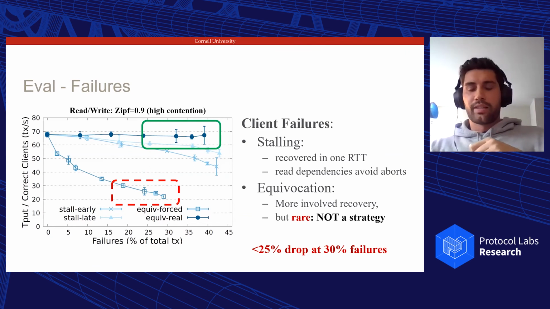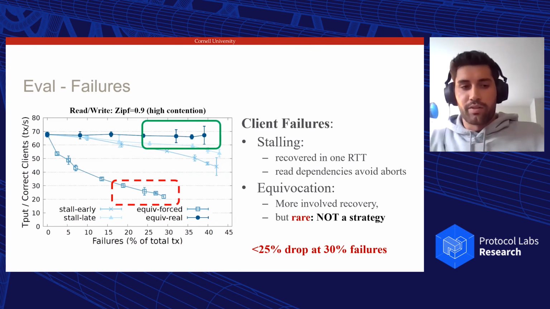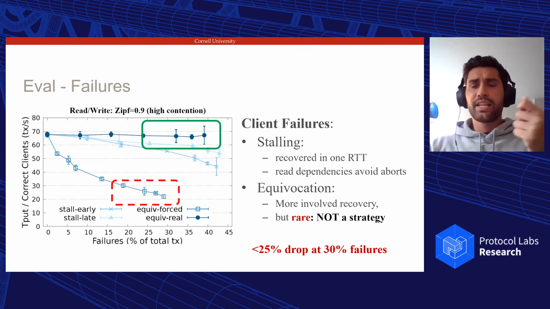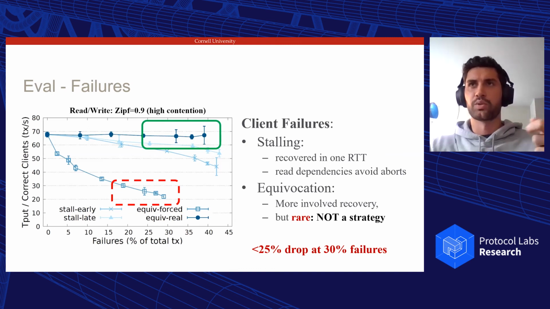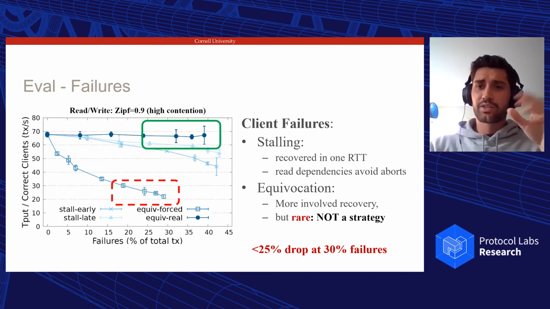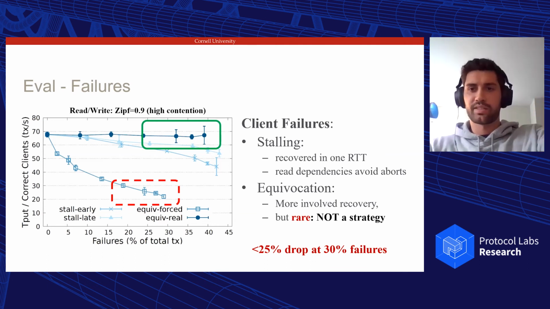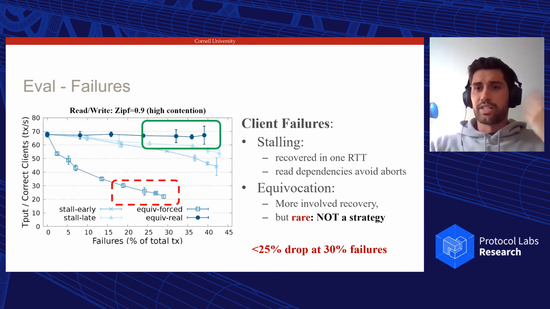Instead, the worst failure that clients may do, which is, however, also detectable, is that they may try to equivocate, they may try to replicate inconsistent results or proposals during the logging phase of the distributed commit. And that incurs a significantly higher performance penalty, you can see in the red box, because recovery is more involved.